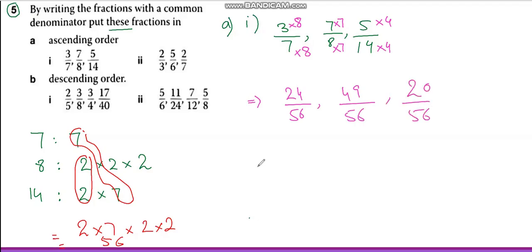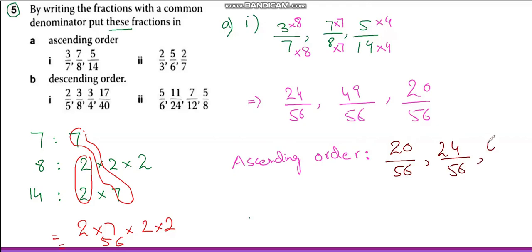Now, if we arrange in ascending order, we will write 20/56 first, then 24/56, and then 49/56. Let's rewrite the fractions in their original form. We know that 20/56 was originally 5/14, and 24/56 was originally 3/7, and 49/56 was originally 7/8.